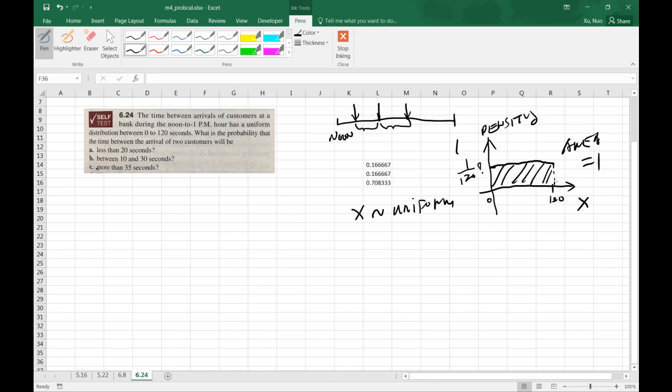Now let's look at the first problem, A. What is the probability for x to be less than 20? As I indicated in the earlier videos, this is the same as x less than or equal to 20, since the point probability for a continuous variable is 0.